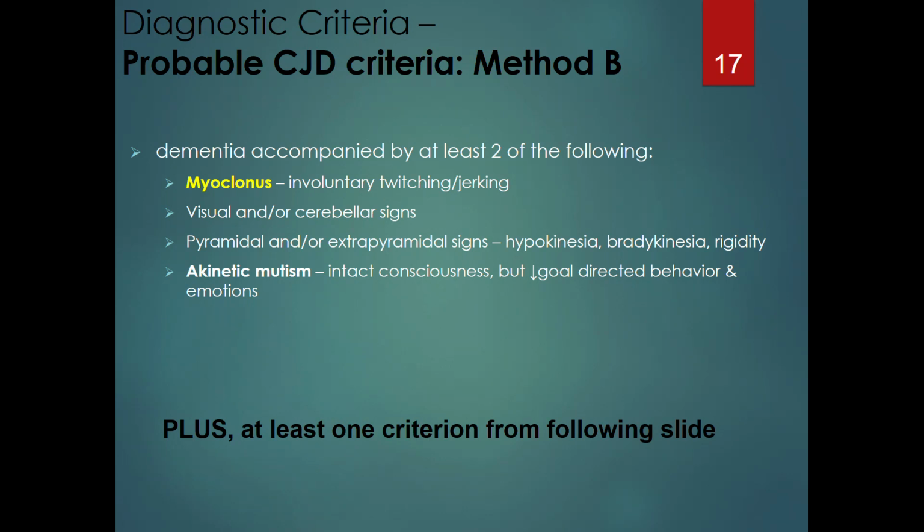It is important to note that these symptoms are not unique to CJD and can be present in other neurological disorders as well. An additional criterion from the following is also needed for a probable diagnosis using this method.